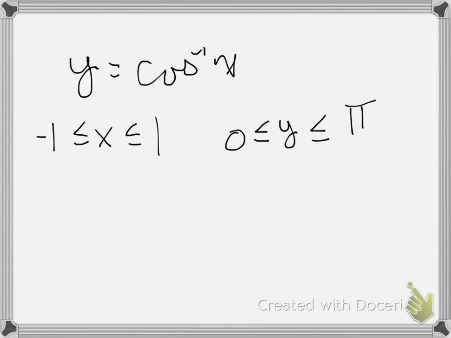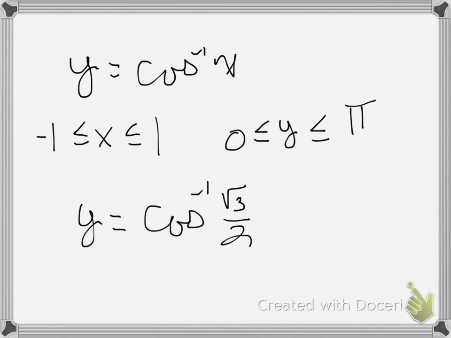So in other words, first or second quadrant with inverse cosine. Now, for example, if I asked myself what angle would give me a cosine value of the square root of 3 over 2, in other words, if I took the inverse cosine of the square root of 3 over 2, well, that would equal pi over 6 radians, or 30 degrees.